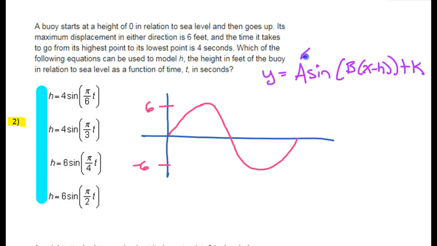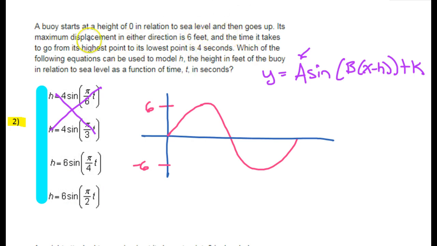The a value tells you the amplitude. So the amplitude is 6, which means it's got to be one of these two. So we've eliminated these choices so far. Let's keep reading.